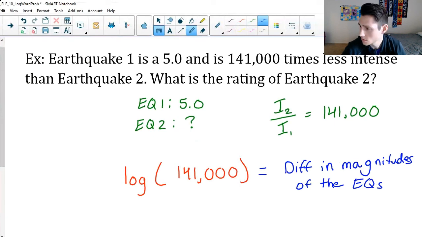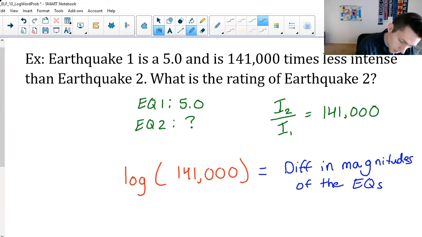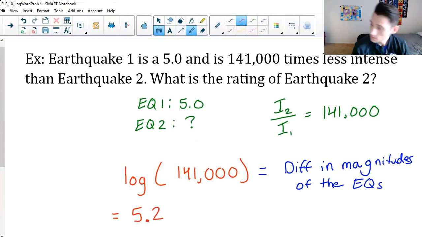Log 141,000. So that equals 5.2. Again, for earthquakes, we round to the second decimal place.